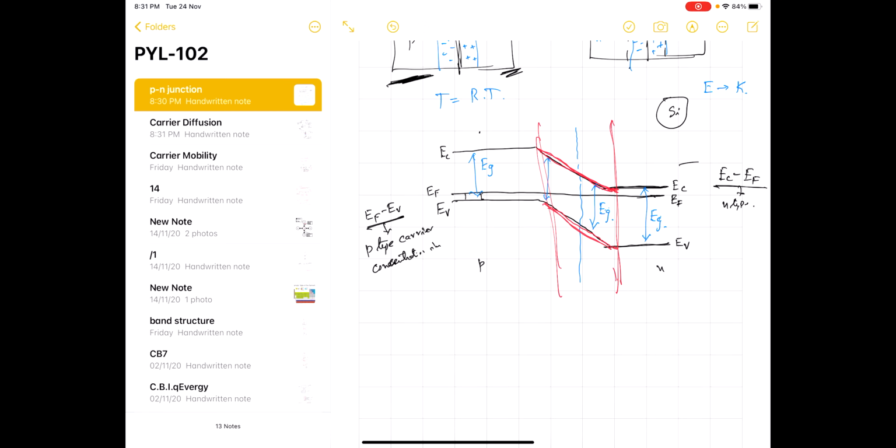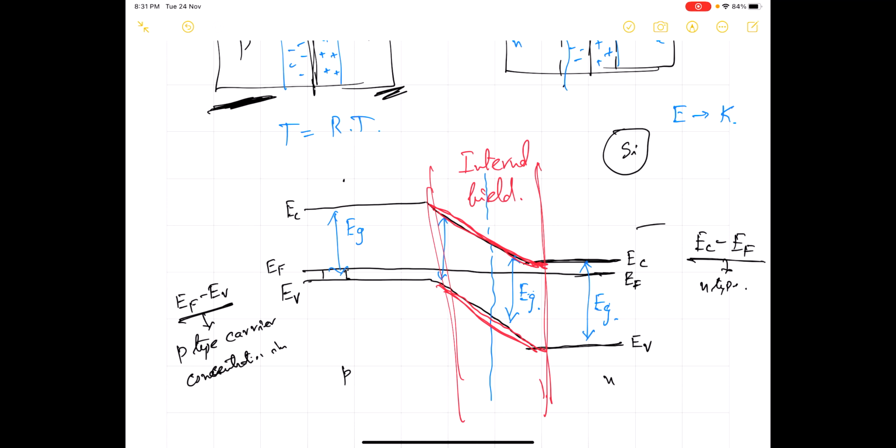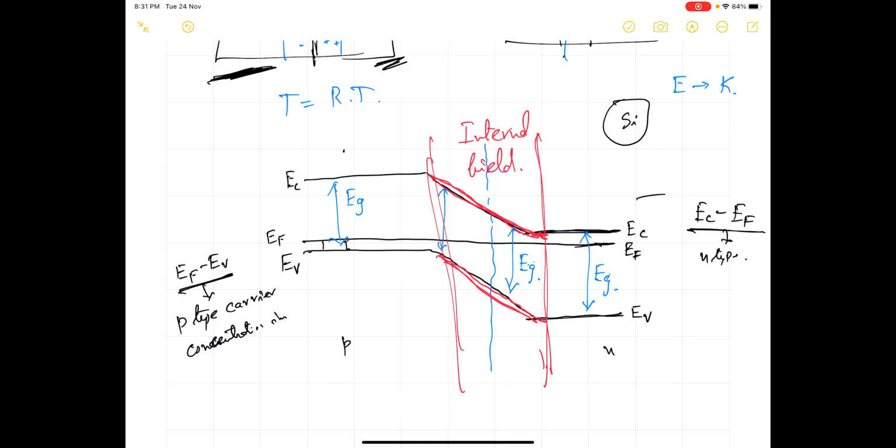This slope comes because there is an internal field, and this internal field prevents the holes from moving in this direction or the electrons from moving in this direction. So this is the basic concept of the p-n junction.